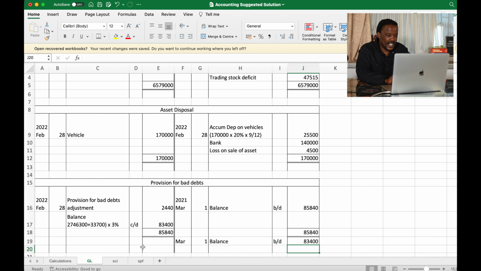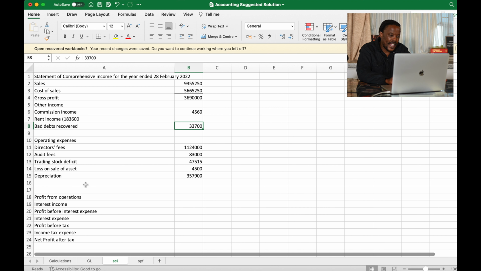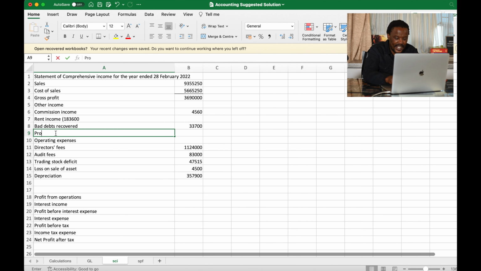My view, of course. Now you look at the statement of comprehensive income and say there was a provision for bad debts adjustment.